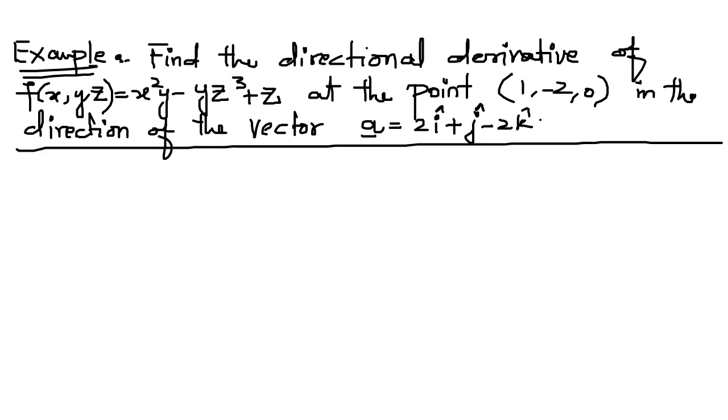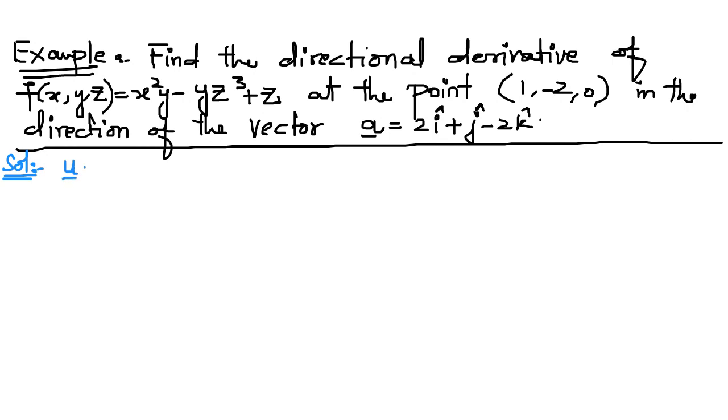Now only a vector is given. Does anybody know how we can find a unit vector from a vector? Anybody know? A unit vector, square root.